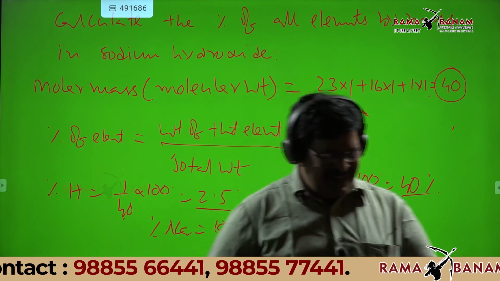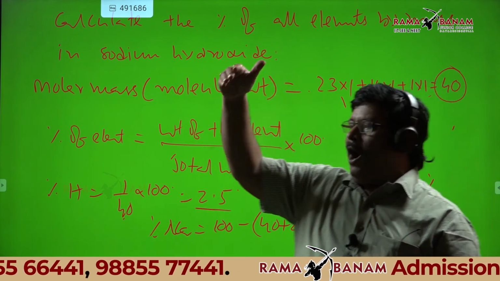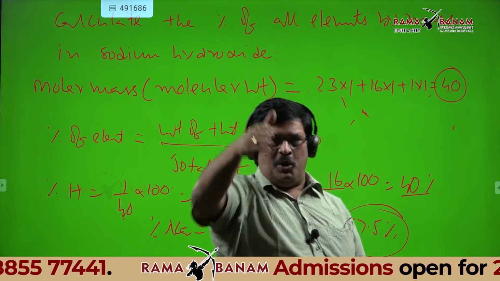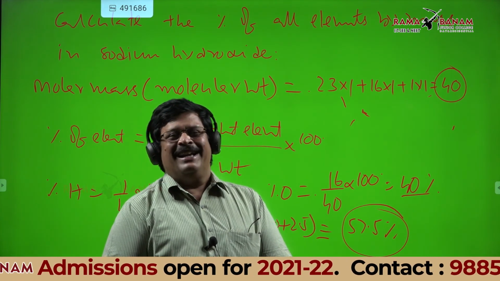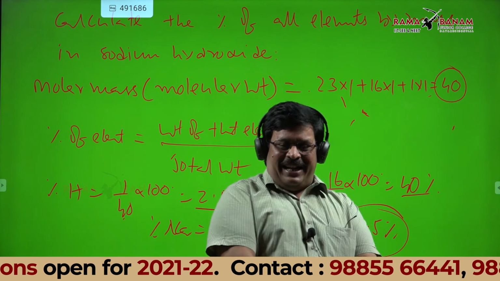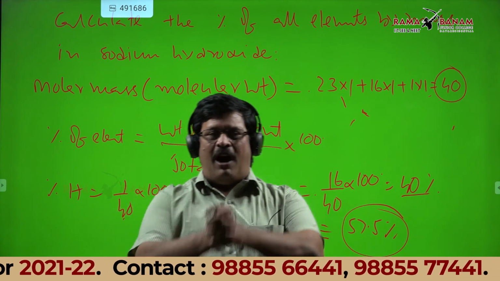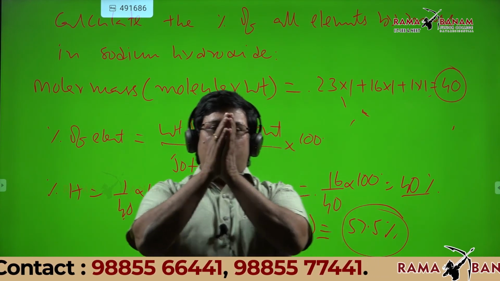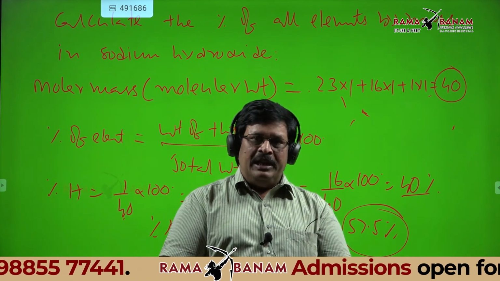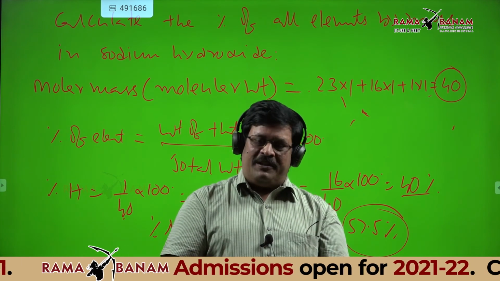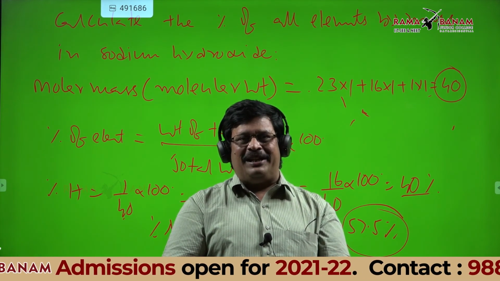I think you all calculated the percentage for sodium first. That is no need, because that's a bigger calculation. That's what, students, you should develop: ease in the numerical part. We will teach the concept, but you should develop that ease.